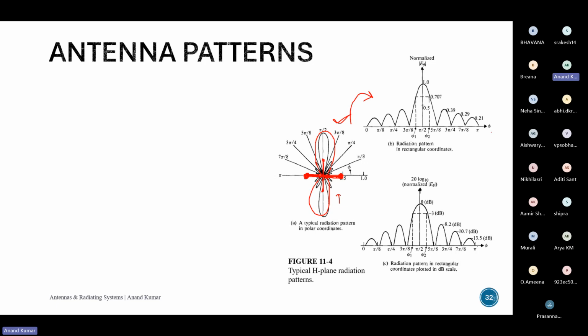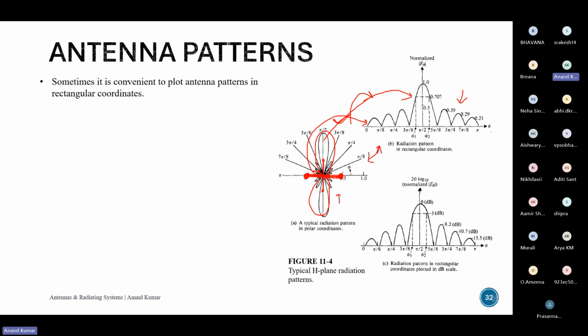So this particular small lobe becomes this thing, and this major lobe becomes this thing. Now it's much easier to read the plot, but it's difficult to visualize how the radiation pattern would look. So we constantly switch back and forth between these plots to study and visualize.